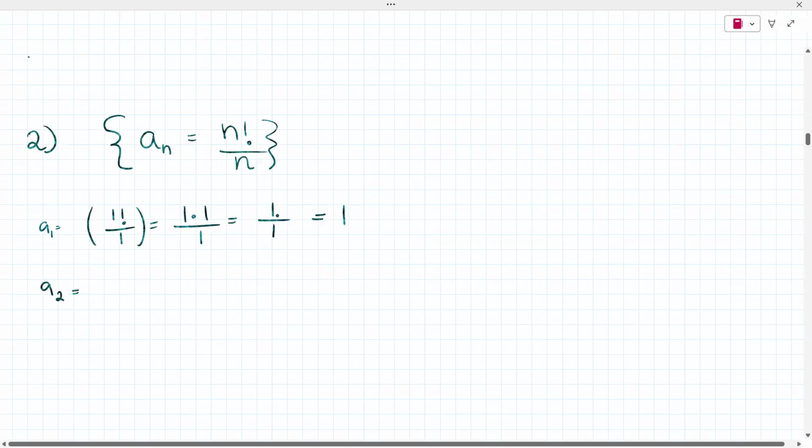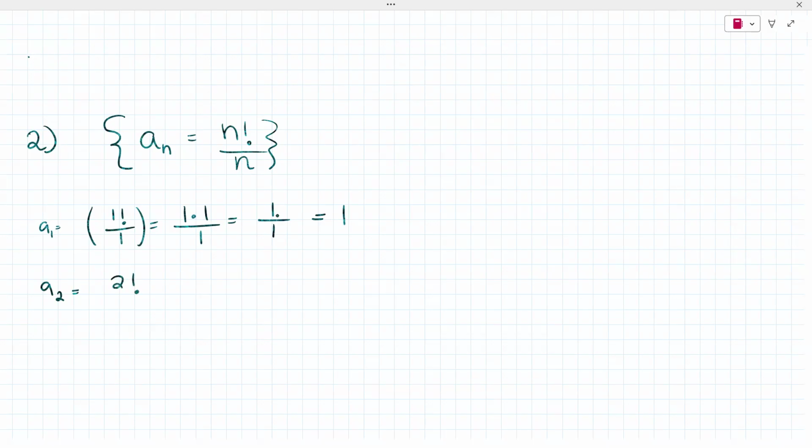And then the second term would be 2 factorial over 2. What is 2 factorial? 2 times 1 over 2. 2 times 1 is 2 over 2. And I made a mistake.